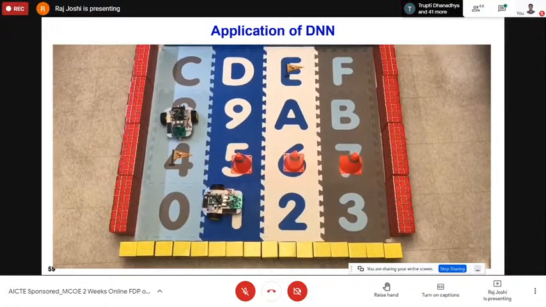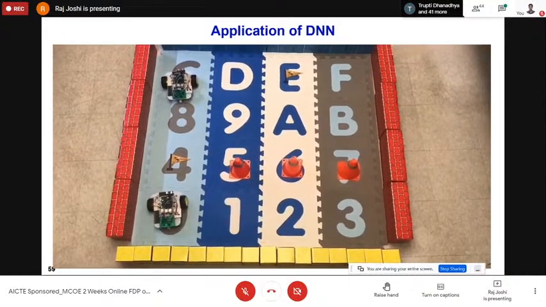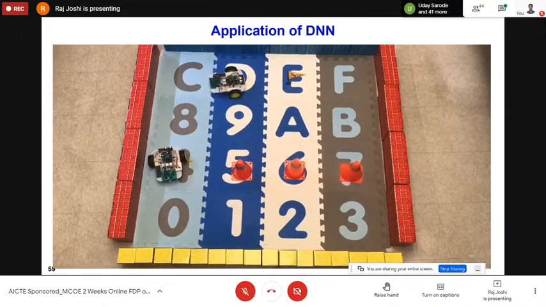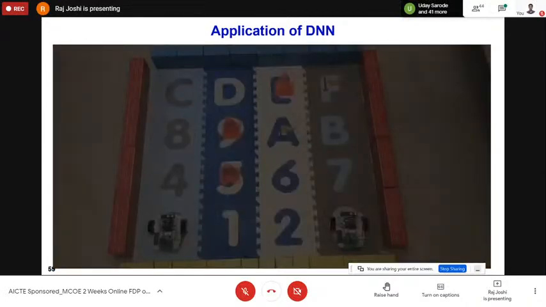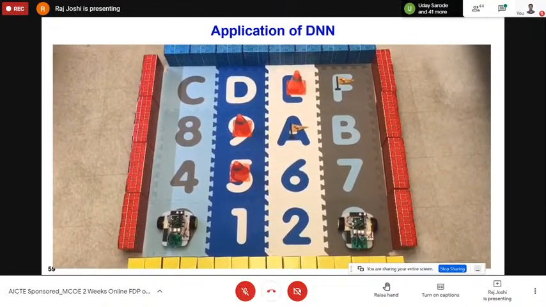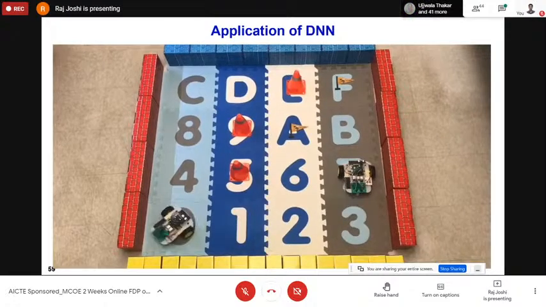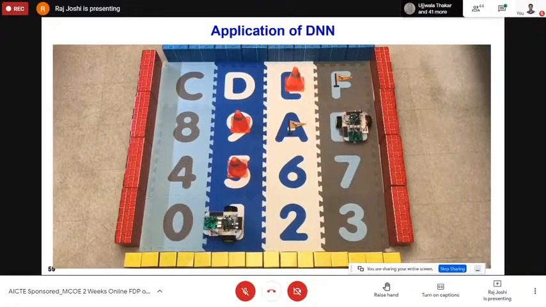See, unless that vehicle goes forward, it doesn't move. And again, the rearrangement of the obstructions and all that you can see.